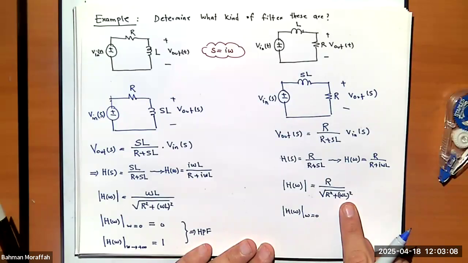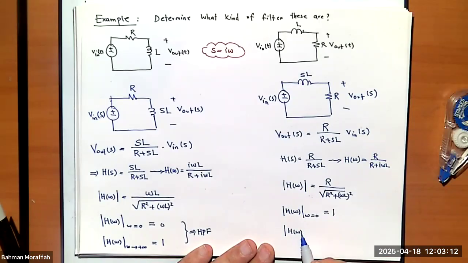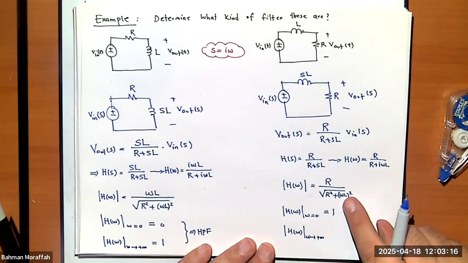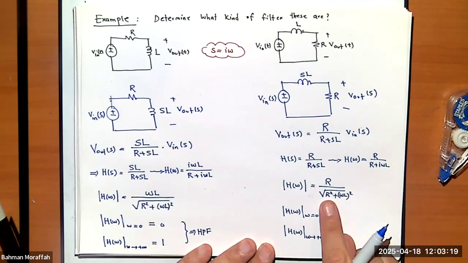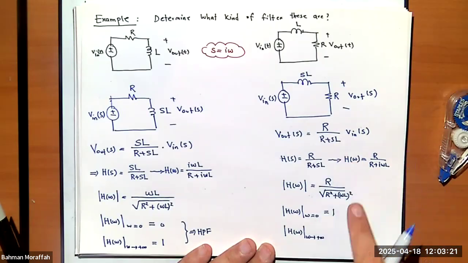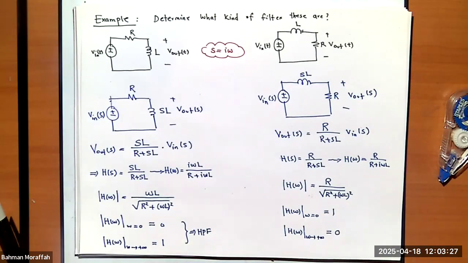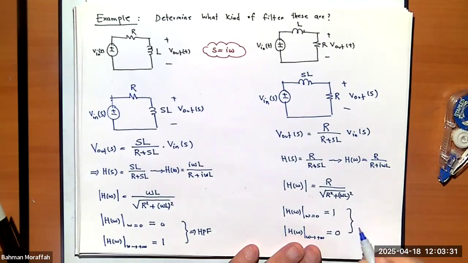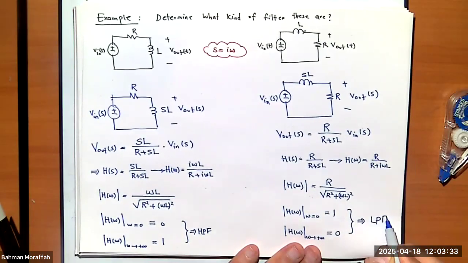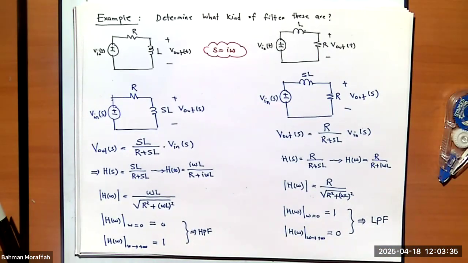This term is 0. Right? So this is 1. And if I look at the absolute value of H of ω when ω approaches infinity, again, this ωL squared dominates this R squared. So it's R over ωL. That approaches infinity, so the whole thing over here is 0. Right? What kind of filter is this? Let's say low pass filter. Right?